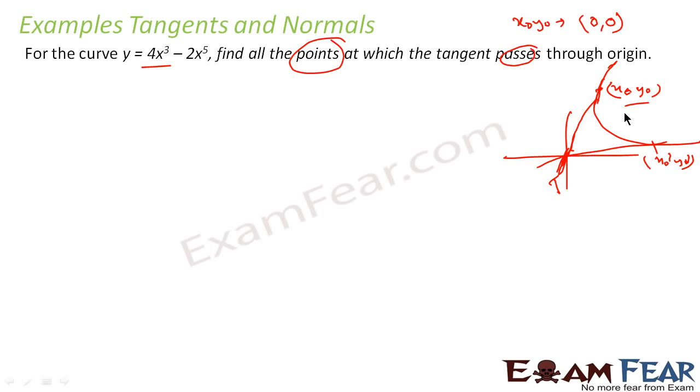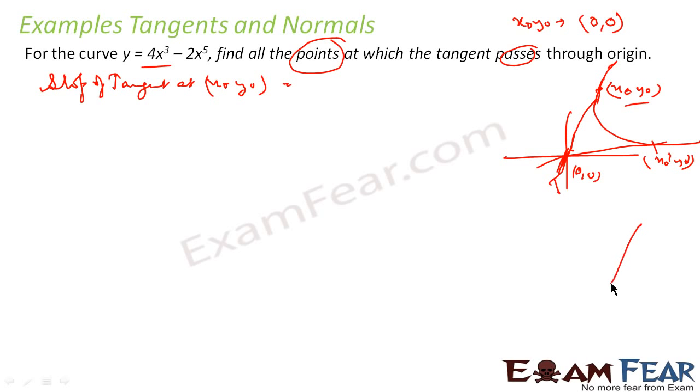So till now we have seen that we are able to find these points if we know the slope of the tangent. Correct? So let's suppose in this case, what is the slope of tangent? First find the slope of tangent. If we know the slope of tangent at x0, y0, we can find the values. So slope of tangent will be, this point is 0 and 0.